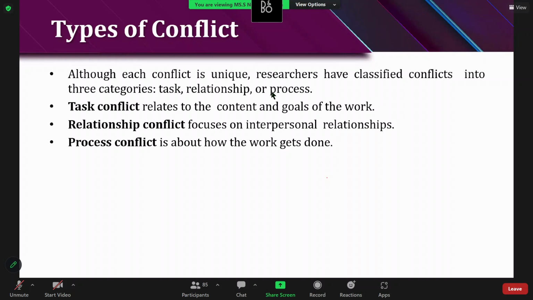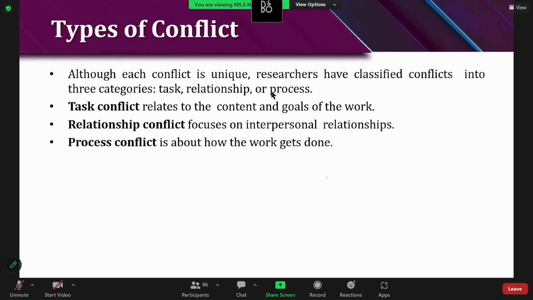And the third category of conflict is process conflict. So here, this is not about the content or the goal of the work. This is about how the work gets done. That means the process of the work. What tasks need to be done first, and what tasks need to be completed subsequently, whether these tasks are dependent on each other, whether once task one is completed, only then can we start task two.